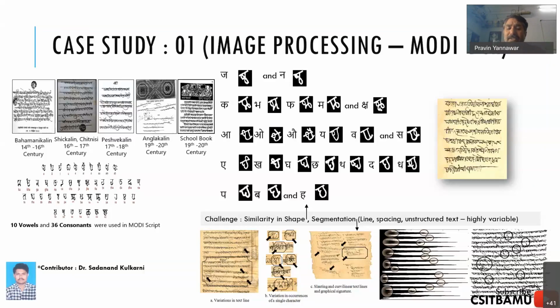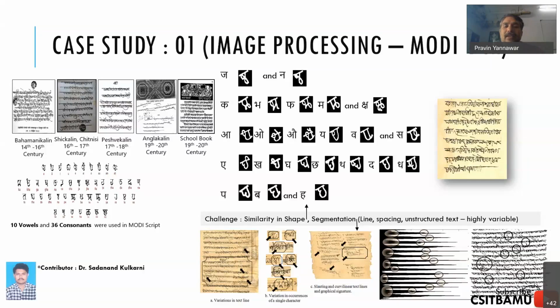The basic challenge which we have come across is the similarity of the letters in shape. For example, if you look at J and N, they have good similarity. At the same time, K, B, P, M, and Ksha have good similarity here.